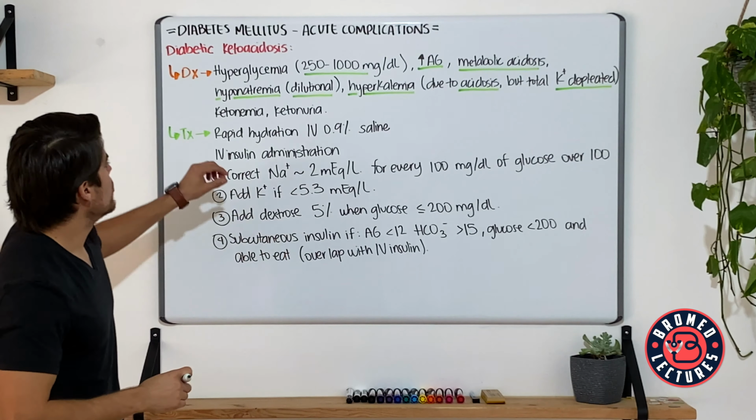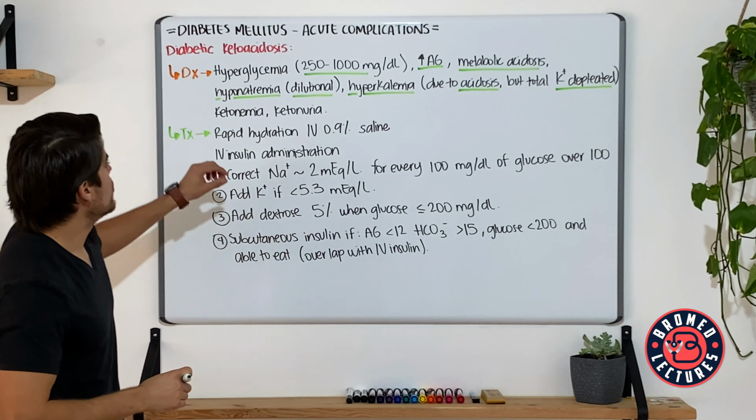And lastly, you should overlap the treatment of IV insulin in your patients with subcutaneous insulin, and this occurs when your patient is already reaching a stable anion gap of less than 12, bicarbonate higher than 15, meaning it is normalizing, a glucose less than 200, and your patient is able to eat. And now with this patient, remember to overlap the treatment between the subcutaneous and the IV insulin.